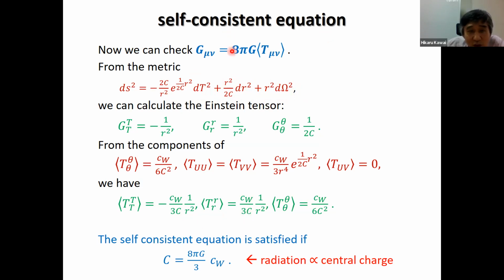And actually, this is satisfied if C is chosen like this. Here we see that C was the strength of the Hawking radiation, and that is proportional to the central charge. Essentially, central charge means the degrees of freedom of the field. So the Hawking radiation is proportional to the degrees of freedom of the field.